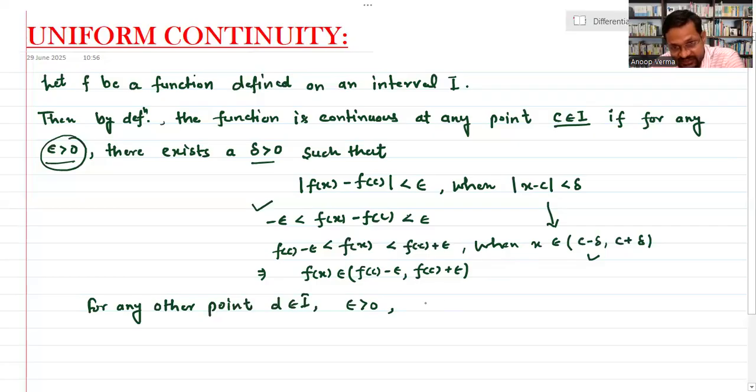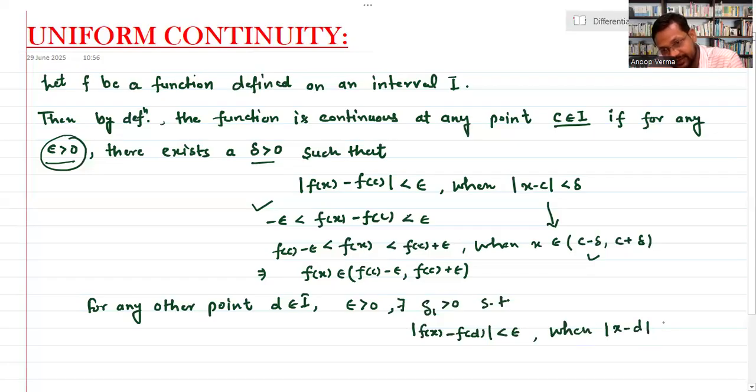So I'll call this delta 1. There exists delta 1 positive such that f(x) minus f(d), because we are taking point d, is less than epsilon when mod of x minus d is less than delta 1.